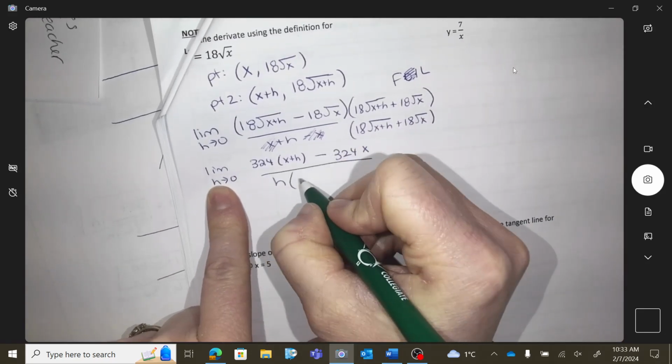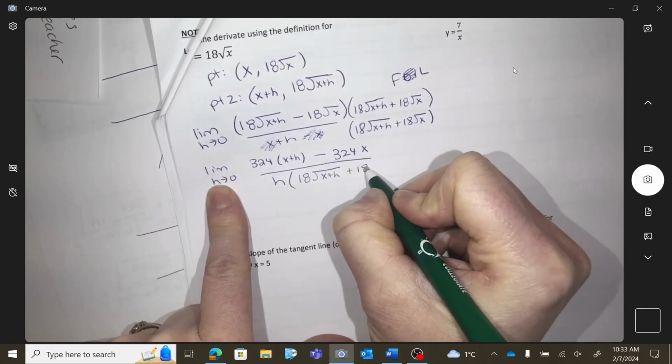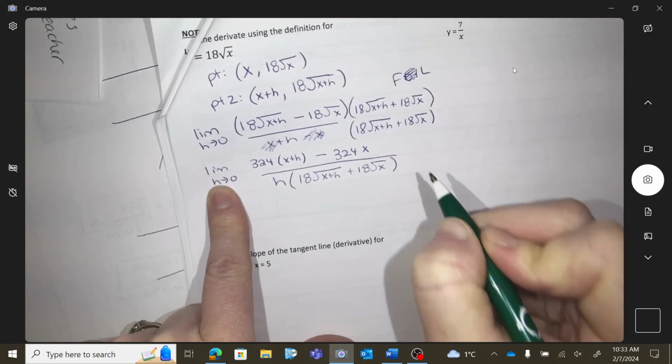And then you know what you can do on the bottom? Just leave it alone. Just rewrite it.